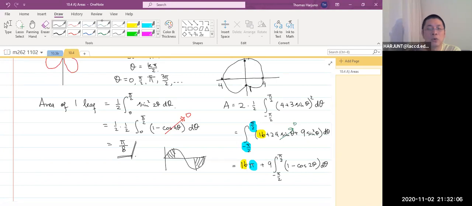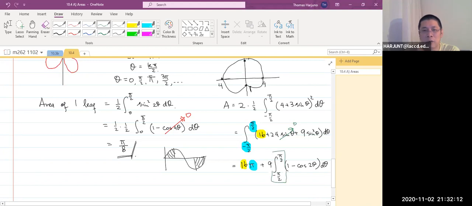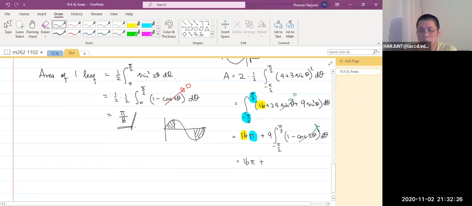But I know the period of cosine 2 theta is pi, and this length here is already pi, so that will also be 0. You see, I save a lot of time by knowing the graph, and therefore the integral is 9 times the length of the interval. So the total is 25 pi.